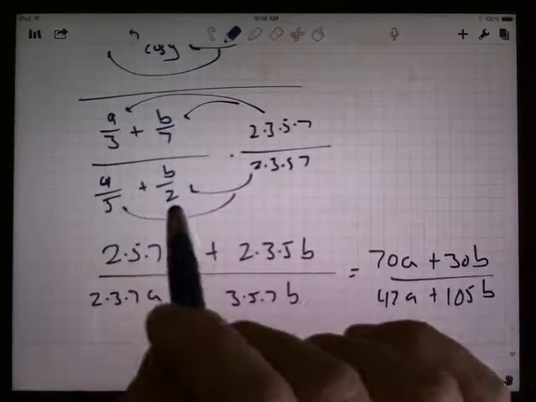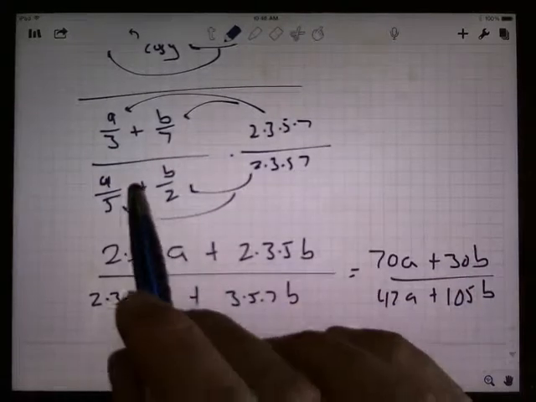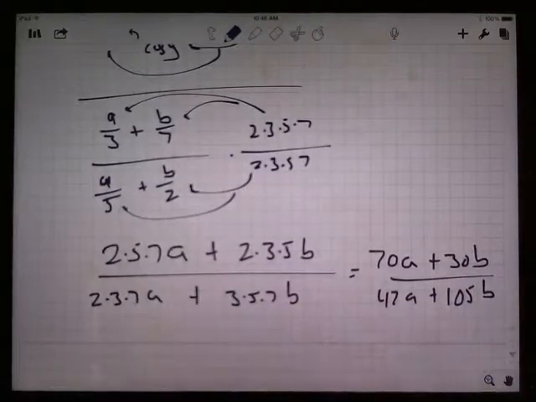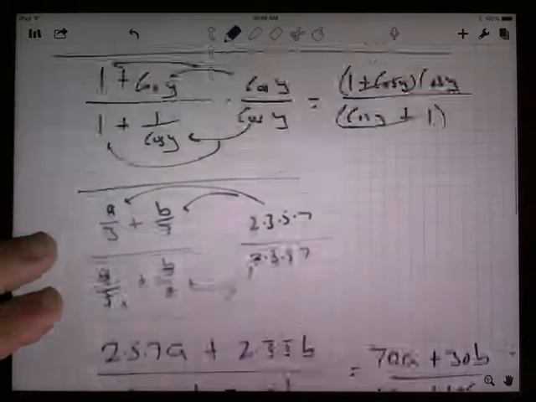Look at all those denominators and multiply top and bottom by all of them, and then distribute things in, and denominators cancel out. Anyway, I hope that helps.